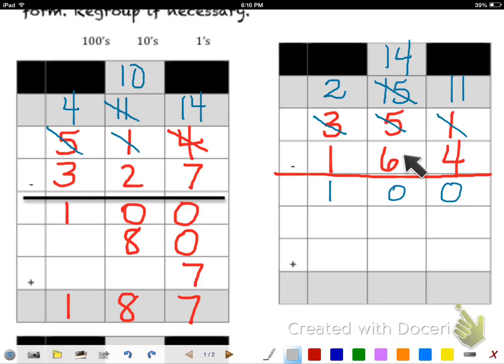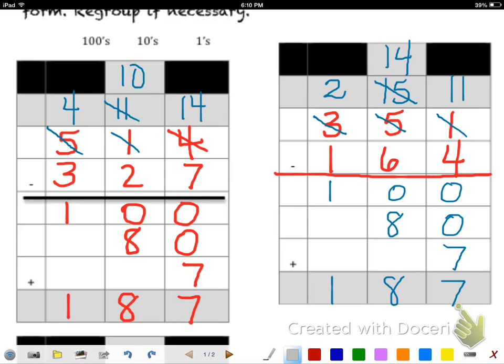So that's 140 minus 60 will give me 80. And then I have 11 ones minus 4 ones equals 7. Now I can add in expanded form, which is 187. And there we have our answer.